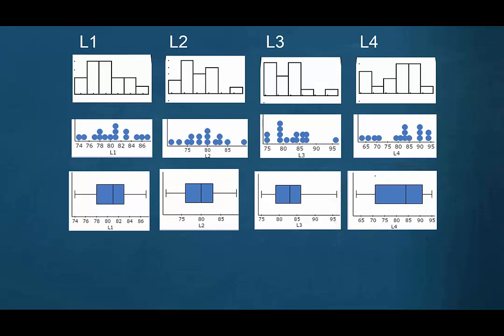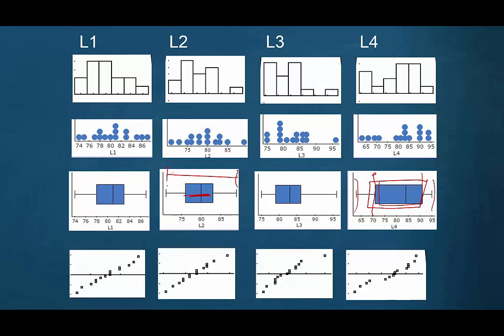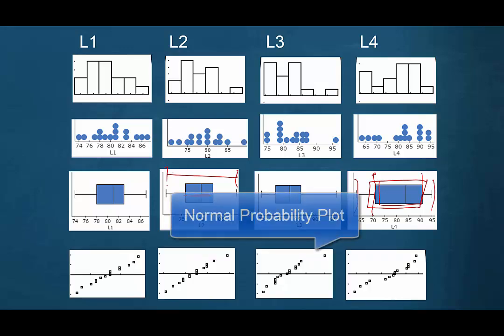If I look at the width of L4's box, that width is certainly more than half of the entire width of the plot. The other ones don't seem to have that occur, right? If we look at L2, for instance, the width of the box is not more than half of the total width.